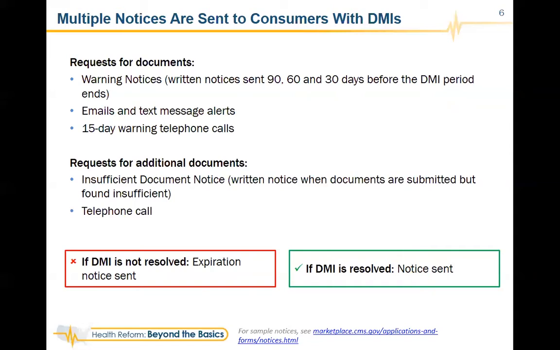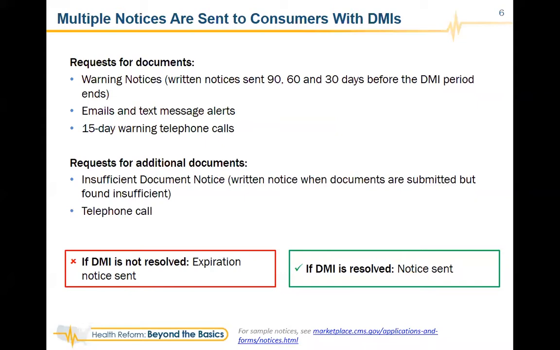If the DMI is not resolved, what happens? The consumer will get what we refer to as an expiration notice, and that basically means that they have failed to provide proof of the eligibility factor.